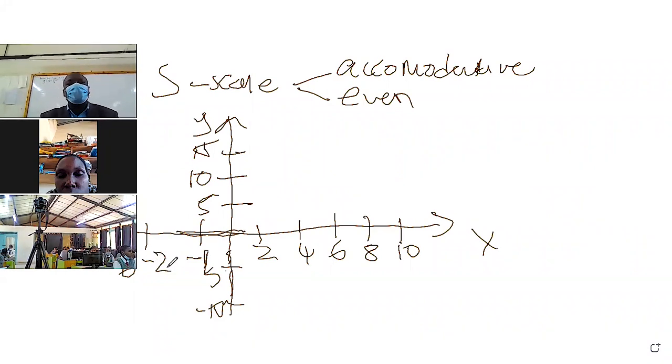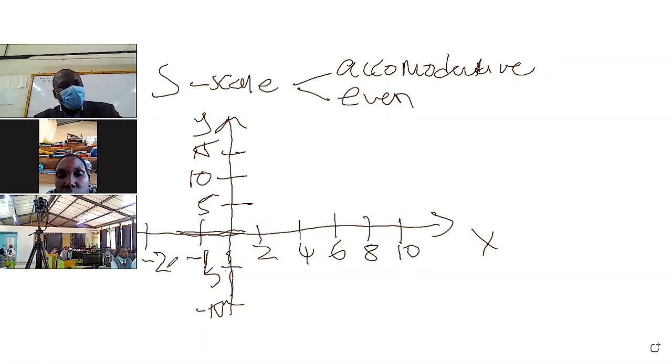If I have that in that given form, then it means that the scale is not even. That's what it means. So the scale should be accommodative. And even doesn't mean that the scale should be the same on the x and the y axis. So that is about the scale for you to be able to score.